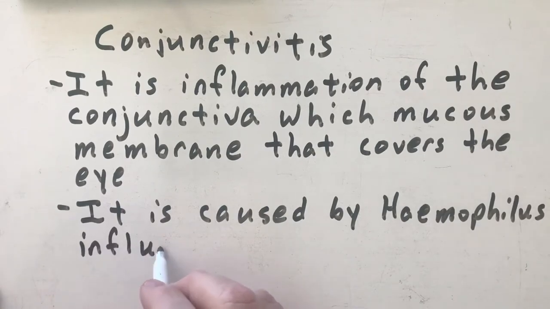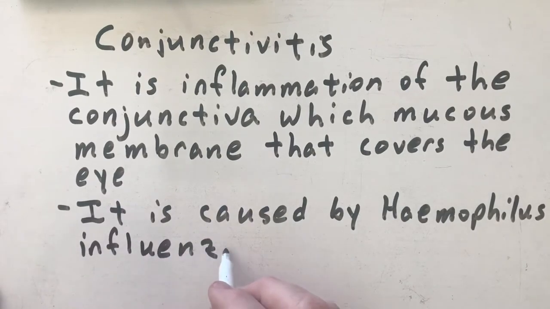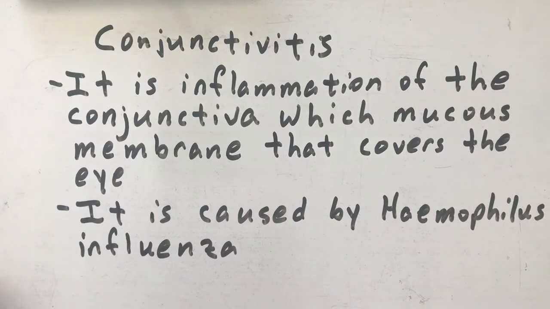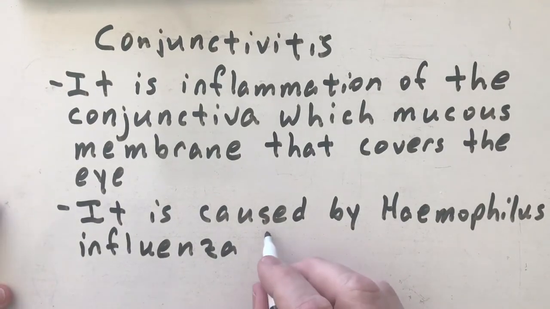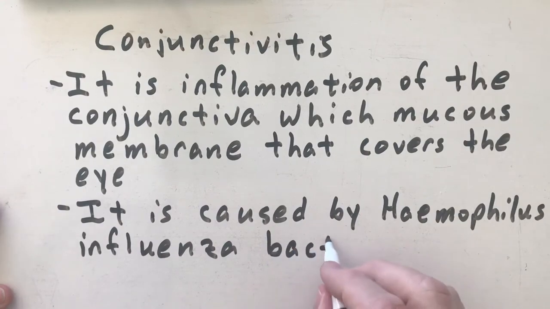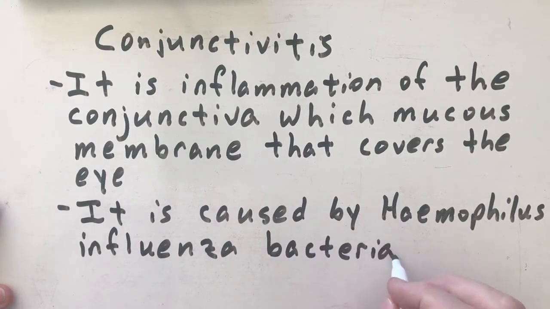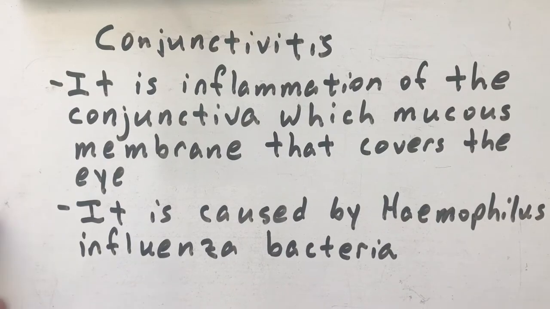And you may recall earlier in the year we covered Haemophilus influenzae as a cause of pneumonia. Okay, Haemophilus influenzae bacteria. Simply just rubbing your eyes, you can get conjunctivitis, but we're talking about bacterial causes of it right here. So caused by Haemophilus influenzae bacteria.